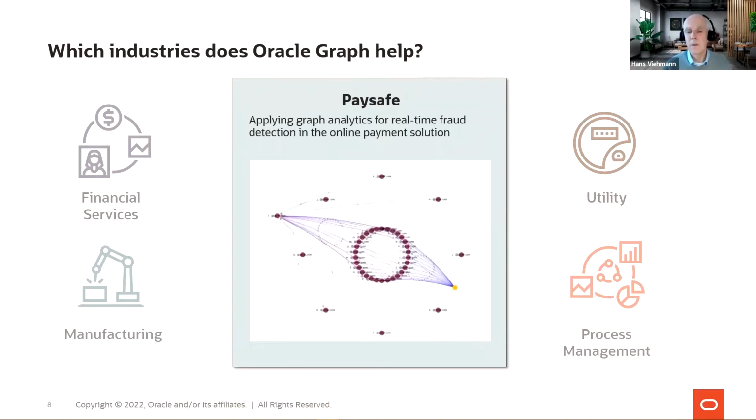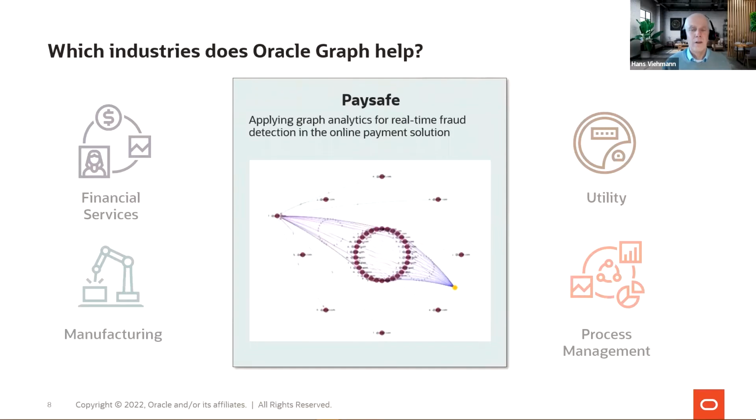Because obviously, these kinds of online transaction services, online financial services, are particularly prone to fraud, and therefore they need to take great care that they don't have too high a rate of fraudulent transactions. Right, so that's one.